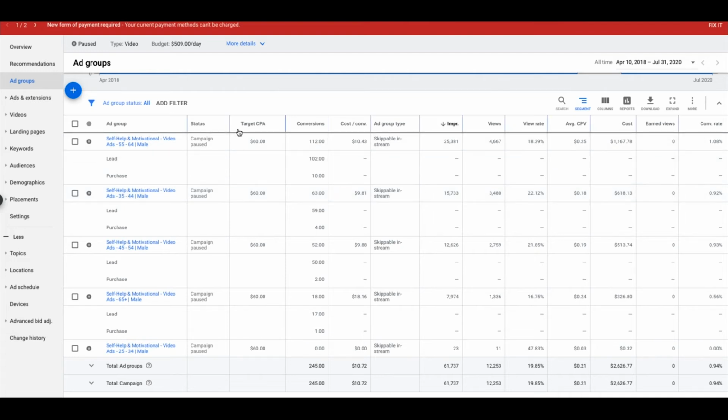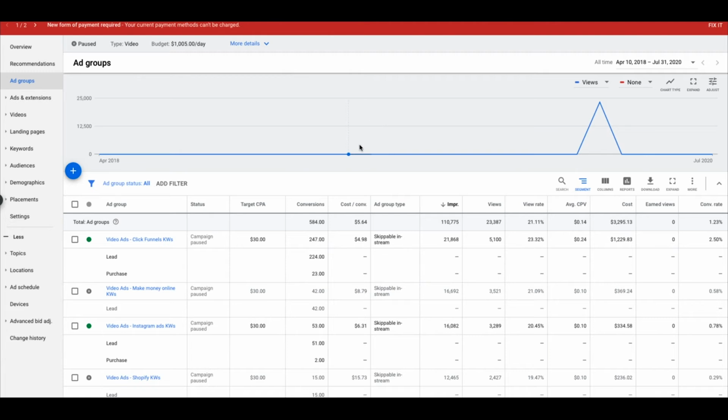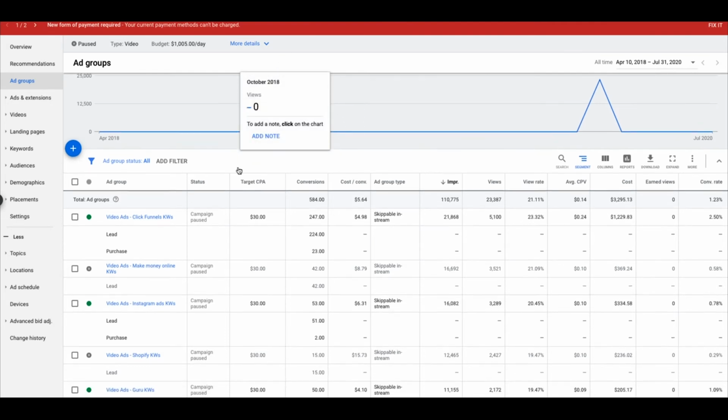Now I want to cover one that is a little different. It is keywords. We group those by a different logic. So these, you'll notice, if you look at the campaign, it is keywords right there. So we break these out by keyword themes.